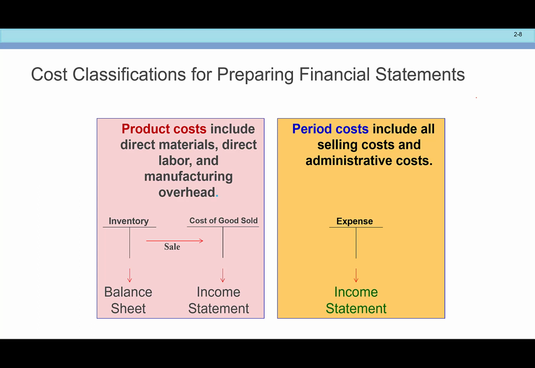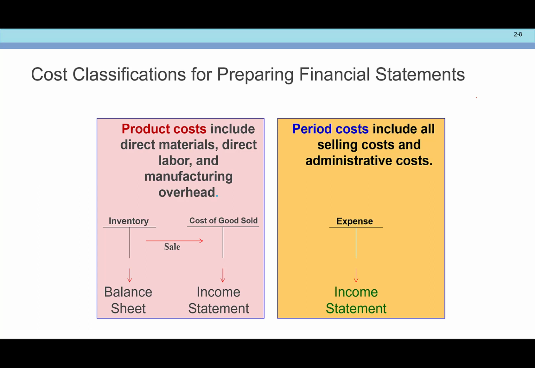And we talked about indirect labor and indirect material, which are obviously indirect, but then there's that other category, which is our depreciation, our rent, those sorts of things, right? Now we have period costs, and period costs are our selling and administrative costs. They go directly to the income statement, right?